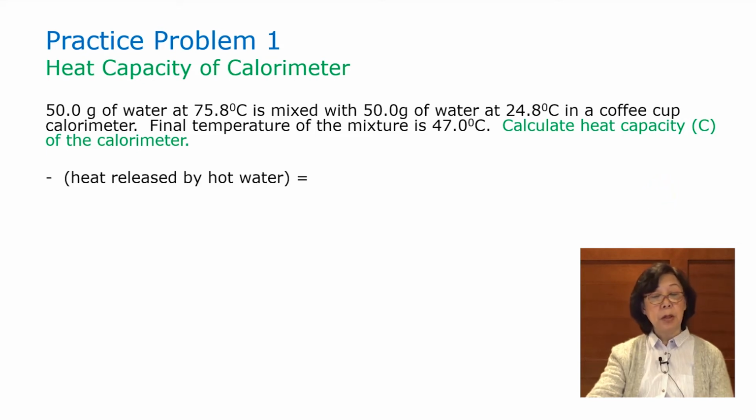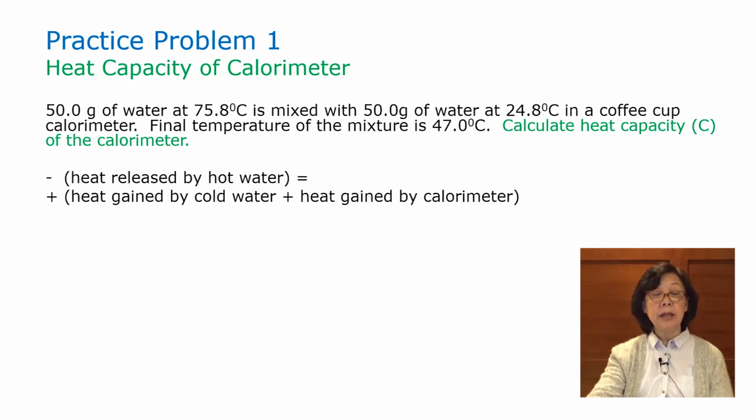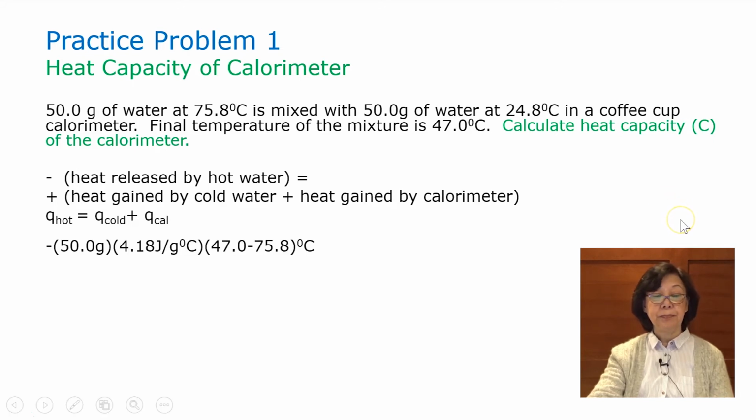The heat released by the hot water, which has a negative sign in front, is equal to the heat gained by the cold water as well as the heat gained by the calorimeter. So Q hot is equal to Q cold plus Q cal.